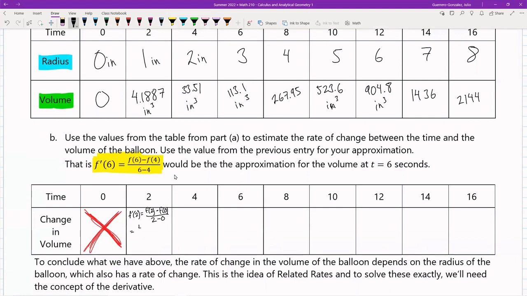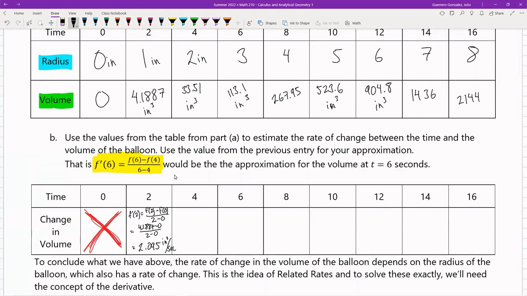This is going to be 4.1887 minus 0 all over 2 minus 0. And this gives us 2.095. Okay, and these are the units. We're looking at a change in volume, so this is in inches cubed per second.